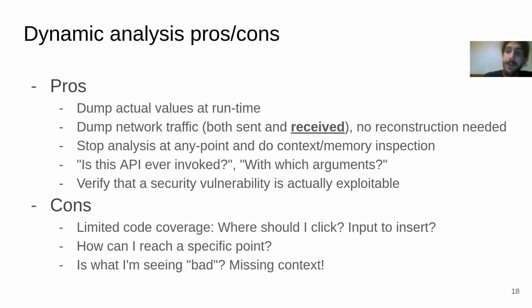And the other thing is, what I'm seeing, is it bad or not? That's a problem of missing the context. With dynamic analysis, you can log what you are reaching, but for example, if you just see in the logs, oh, there is a network request, it's very tricky by just seeing this network request to say whether this is malicious or not, depending on the context.